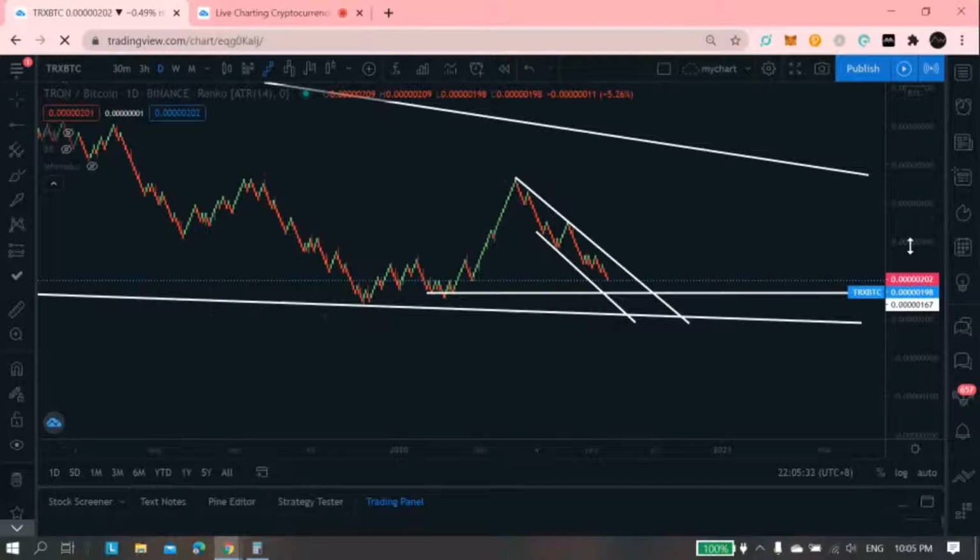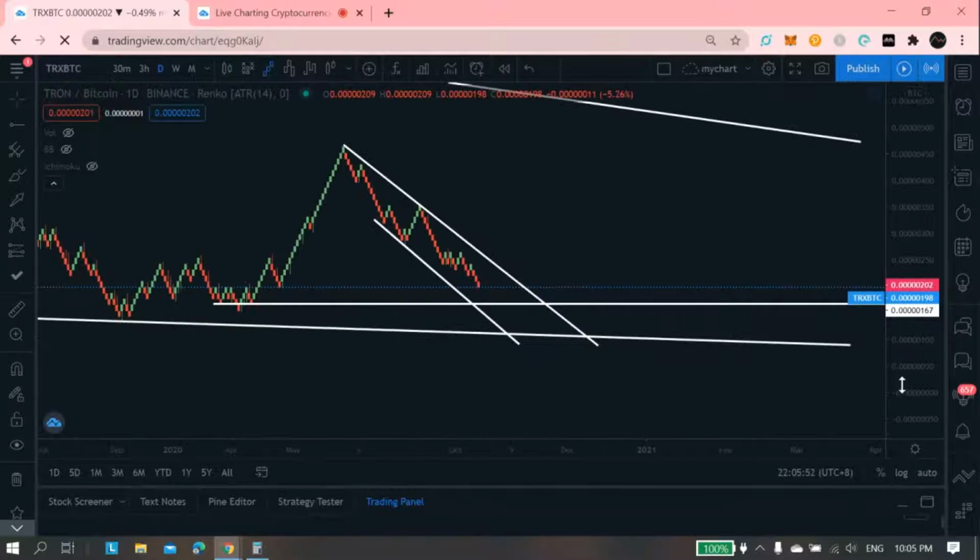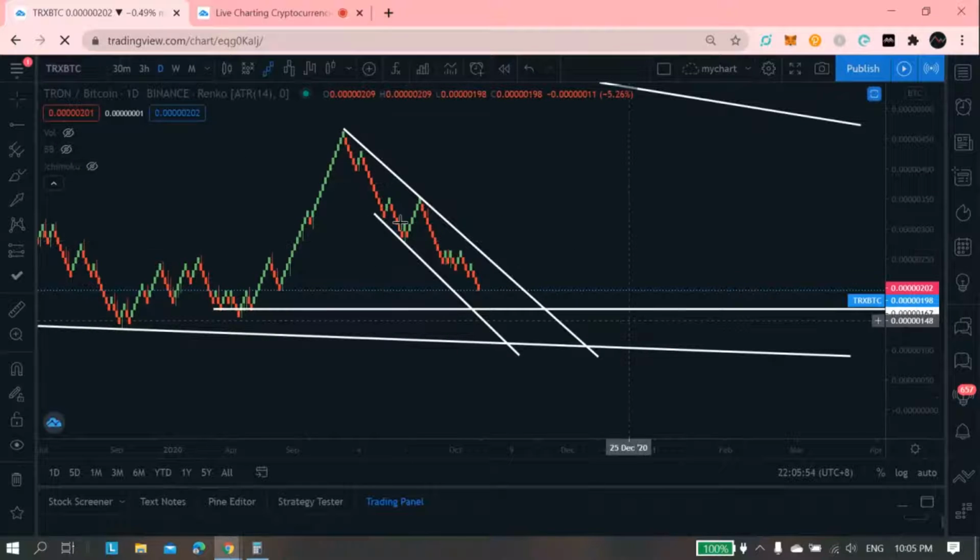And the resistance I'm looking at is, of course, this resistance line here. It depends where this Renko chart retests this area. But currently, I'm more bearish on it. Actually, long-term bearish and short-term still bearish.